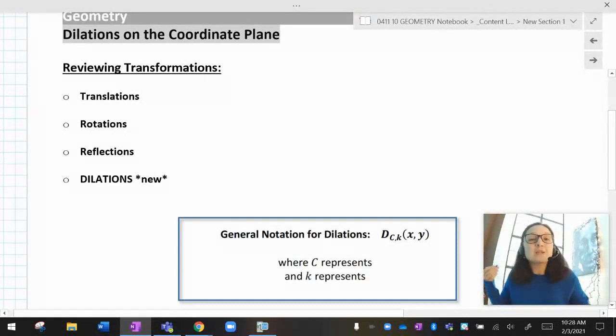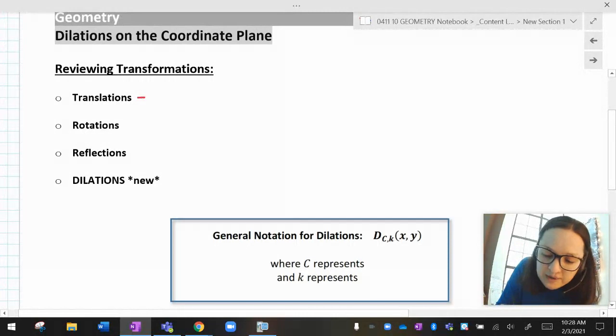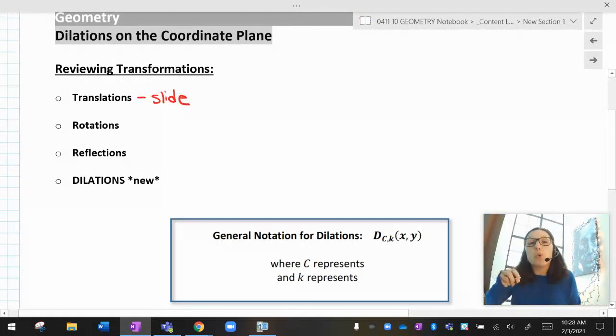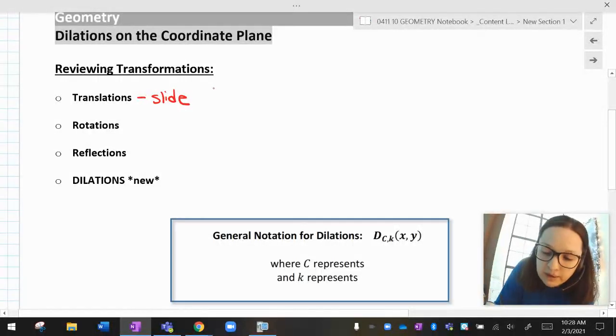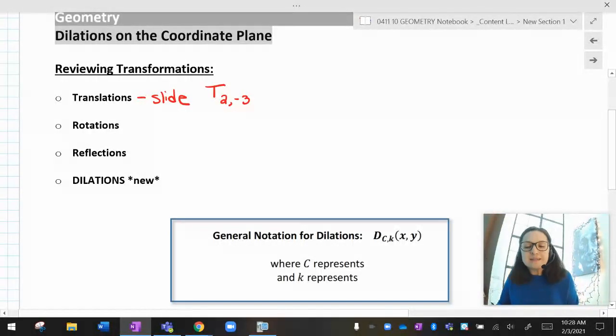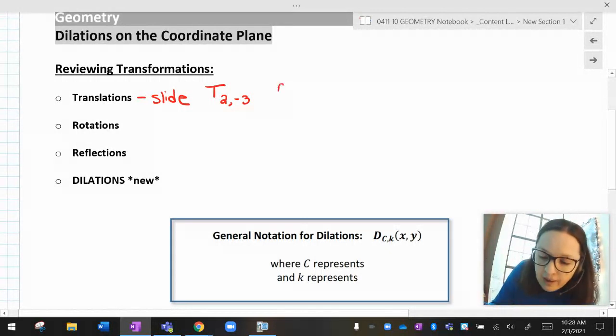So a transformation is something that changes a shape in some way: changes it, turns it, moves it, flips it. A translation is the one where you slide an object, like you go up 3, right 4. One of the notations we use would be something like T(2, -3), and that means you're going to go right 2 and down 3.